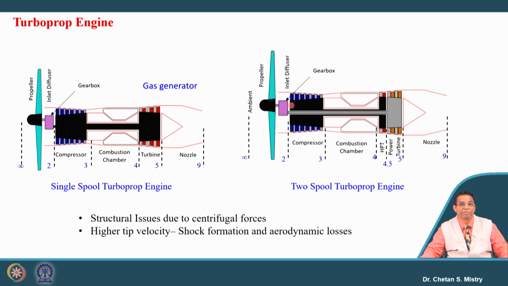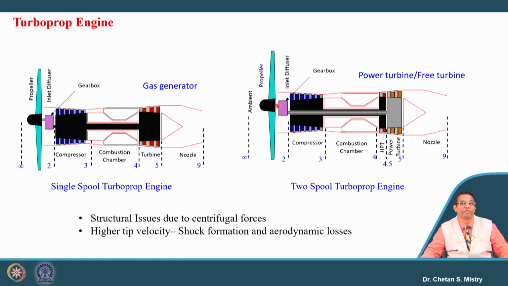Just look at the other side, on the right hand side, there we also have a similar kind of construction, but you can easily differentiate the construction here. In this case, the compressor will be rotated by this turbine. So we have a two spool configuration, and the propeller is connected with the additional turbine stages, which are used to rotate our propeller.